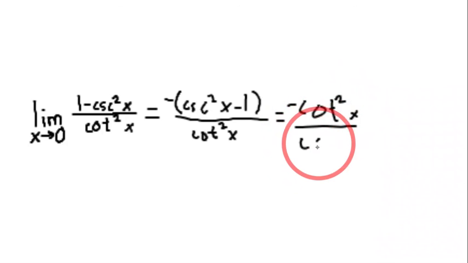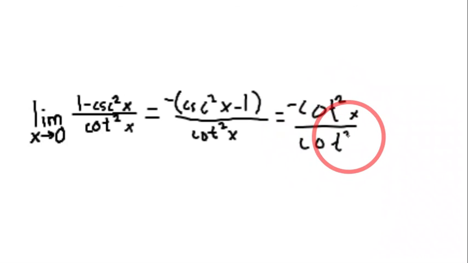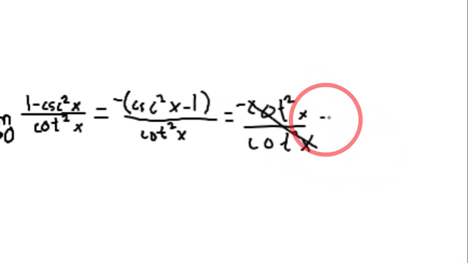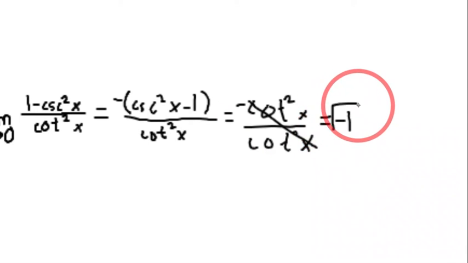And then, pretty obviously, this will cancel, leaving us with just -1. And what is the limit of -1 as x approaches 0? Well, -1 equals -1 equals -1. So our answer is going to be -1.